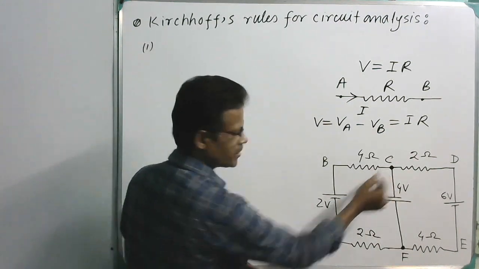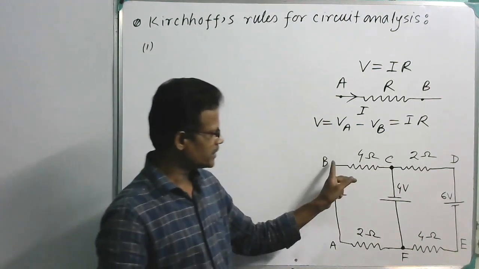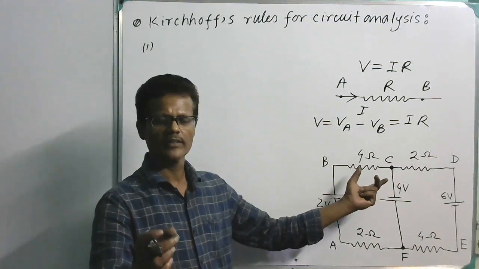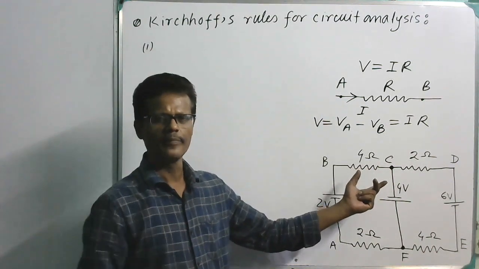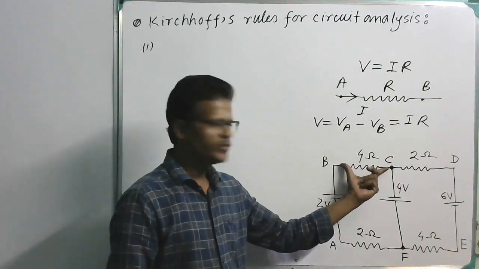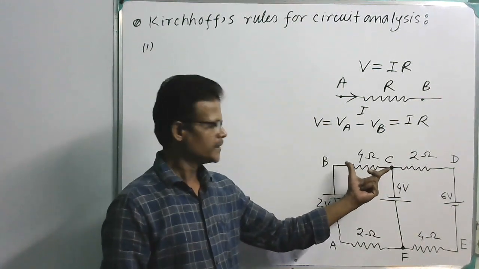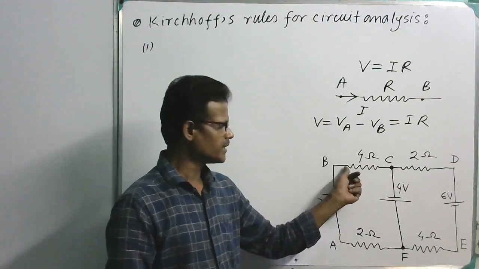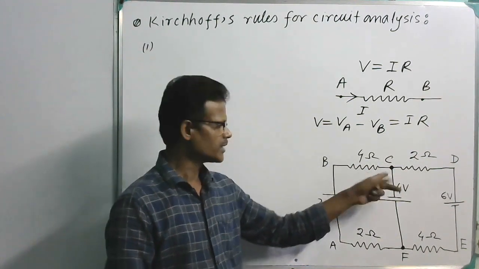Here three conductors meet: BC, FC, DC, connecting wires. Connecting wires are simply copper, aluminum, or maybe silver, so these connecting wires are conductors. BC has resistance, but the connecting wires are conductors.